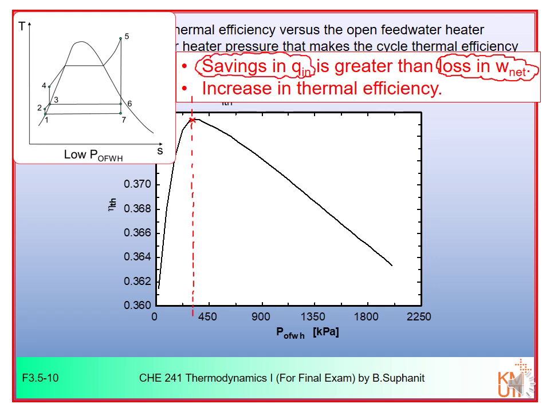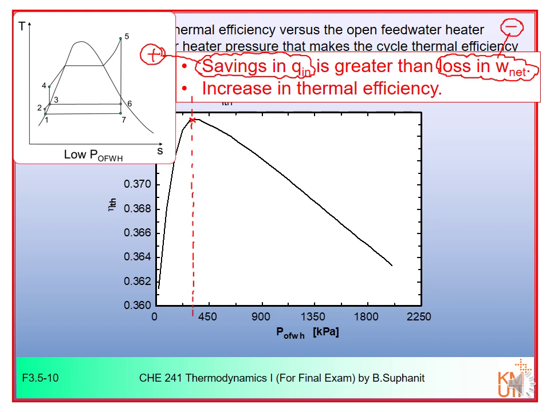So the saving in the heat input is what we are looking for. This is the positive effect. The loss in W net is the negative effect. In this region, when the intermediate pressure is lower than 400 kilopascal, the effect of saving in the Qin is greater than the loss in W net.